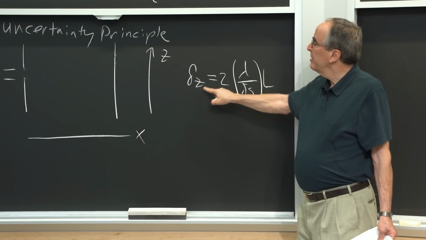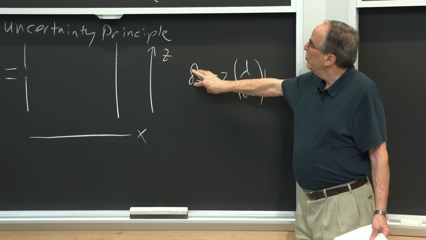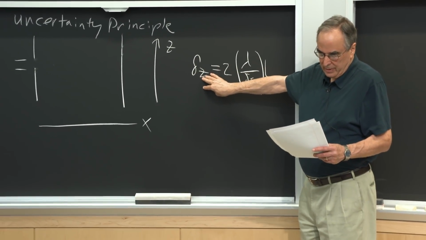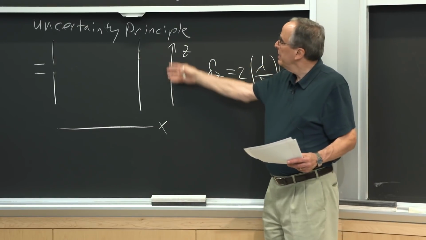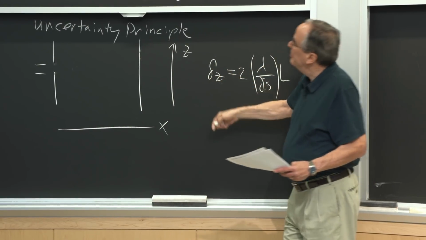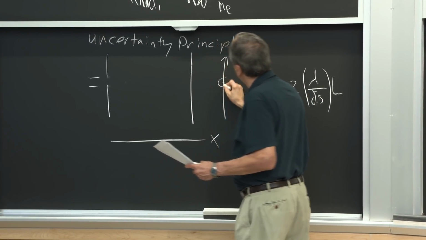So the width of the image along the z-axis, so we have a maximum here, and we have minima here and here.